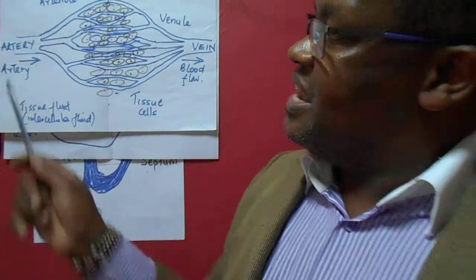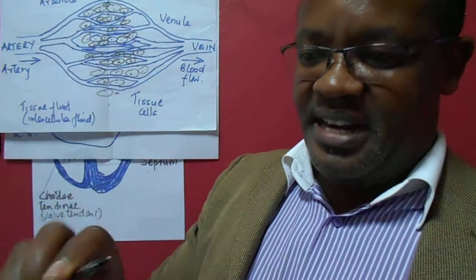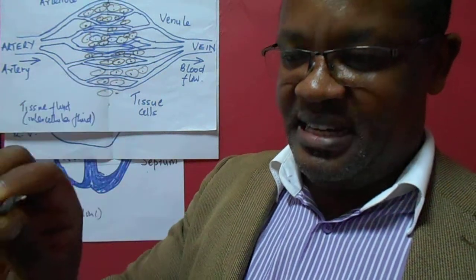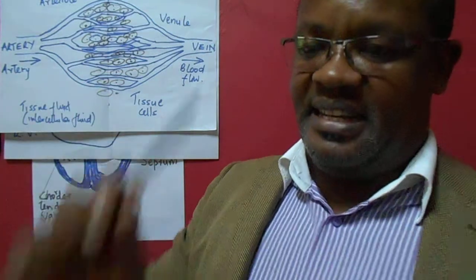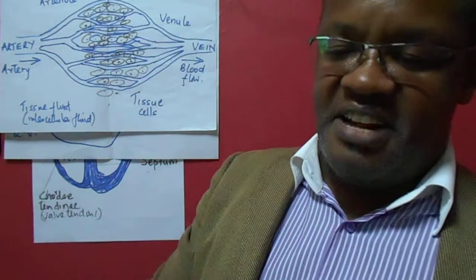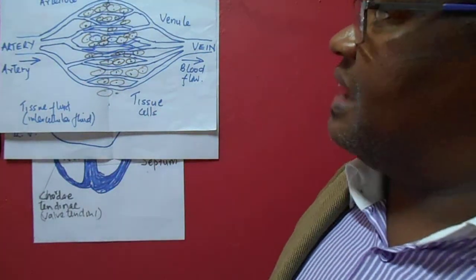These are the arteries, and arteries carry the blood that is pumped by the heart to various destinations in the body. We have one artery that carries blood to the lungs, and another artery that carries blood to all parts of the body. We will later discuss that.